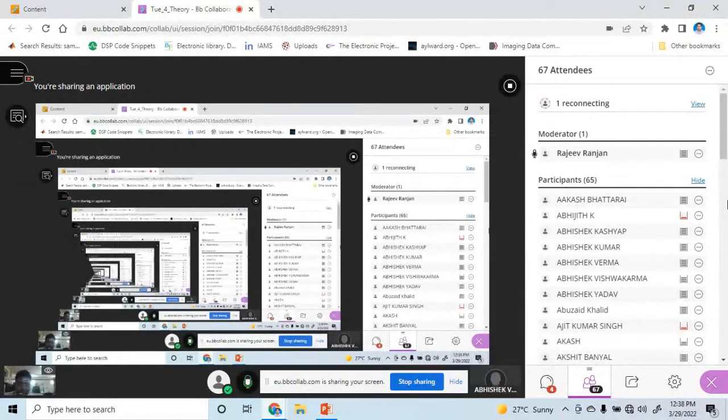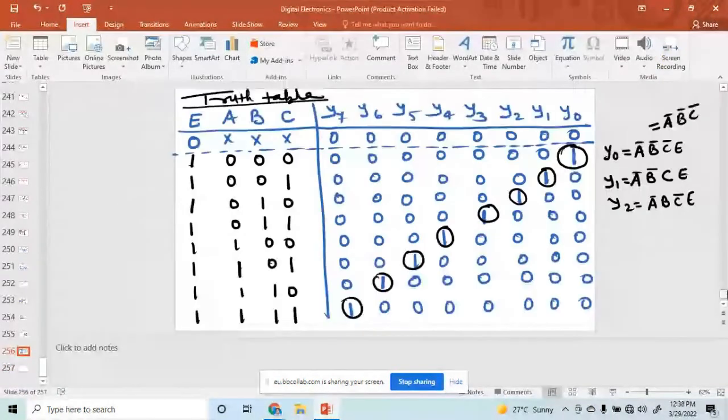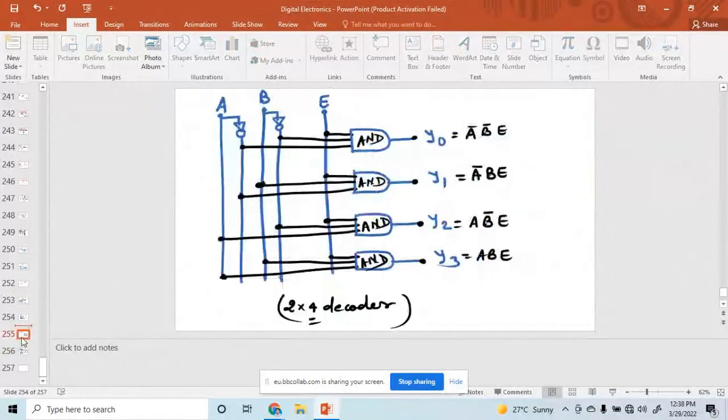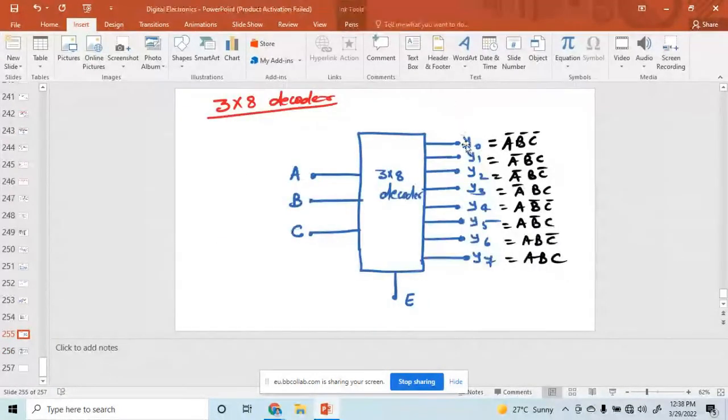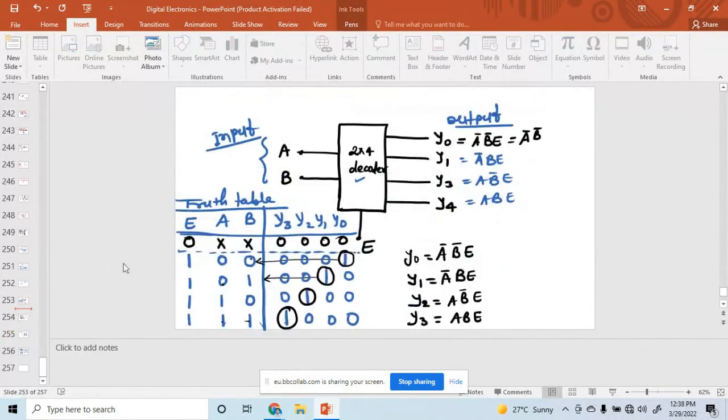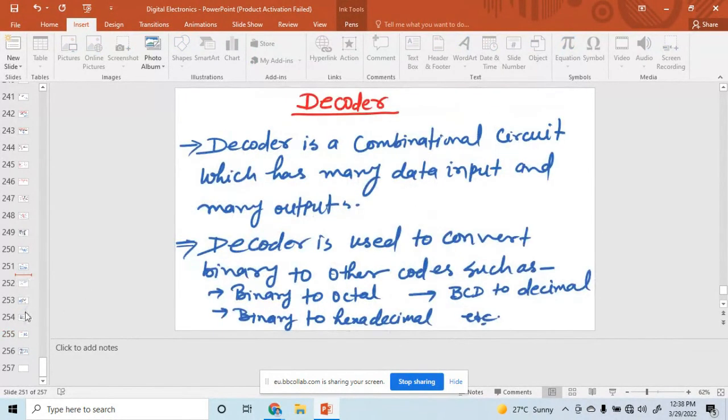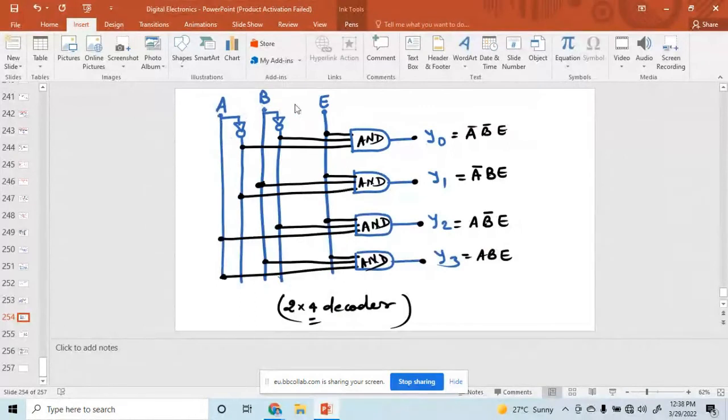In this type any decoder circuit you can design. And also you can design how many AND gates are needed here. So if you want to design this one, how many AND gates? 8 AND gates. And input is ABC. Then you can choose 8 AND gates, and finally output Y0 to Y7.